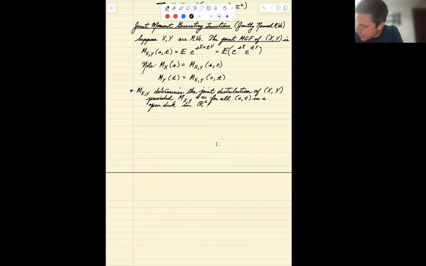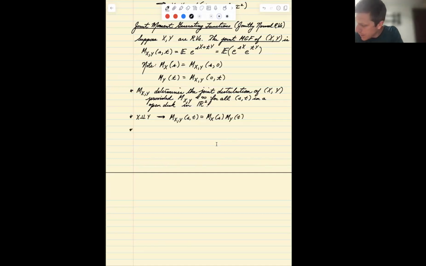We've already noted that if X is independent of Y, then the joint moment generating function is the product of the marginals.